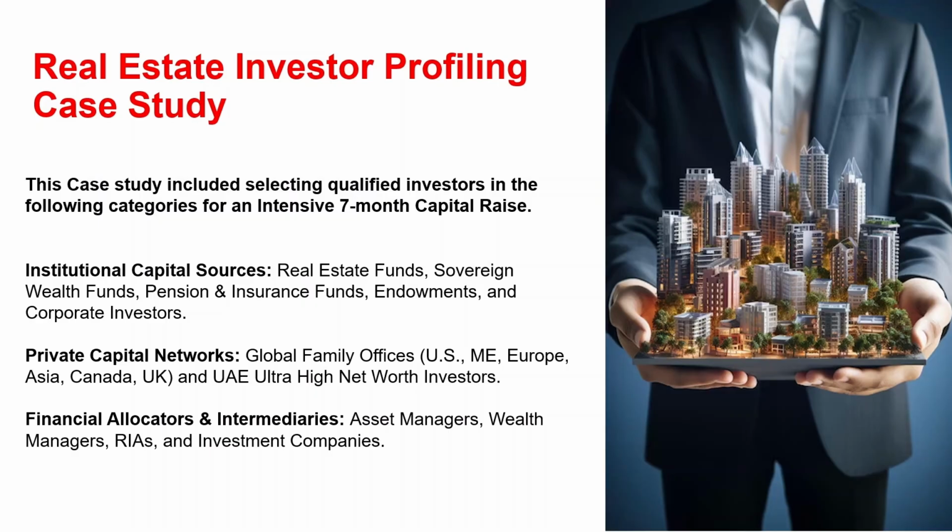Then we also take a look at private capital networks, global family offices, that's in the US, Middle East, Europe, Asia, Canada, and the UK. And it also includes a UAE ultra high net worth investors database that is really only available to select clients. We also look at financial allocators and intermediaries. These are asset managers, wealth managers, RIAs, and investment companies.